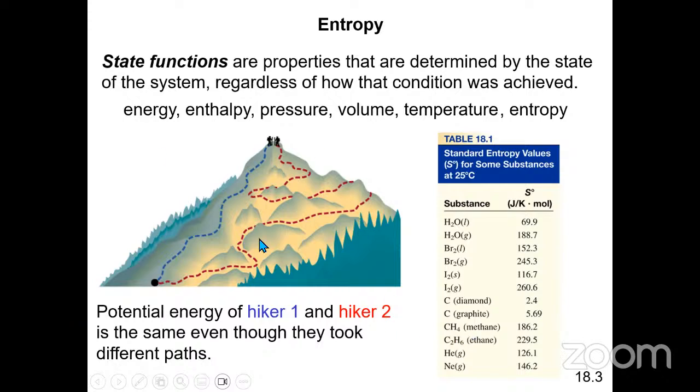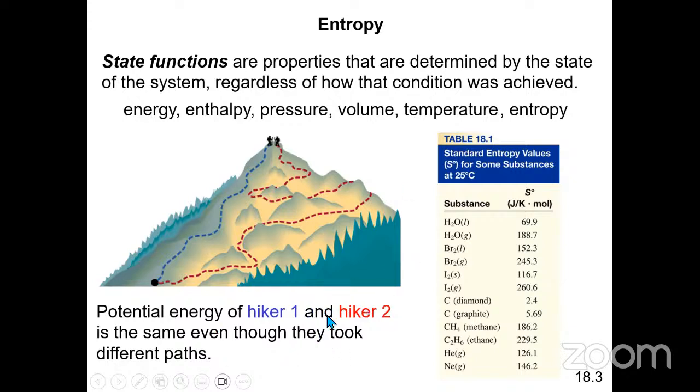And this diagram here basically shows you that if you have a substance in one state and it changes to another state, the change in the state function would be the same regardless of the pathway taken from the initial state to the final state. So they're using this as an analogy to demonstrate that.